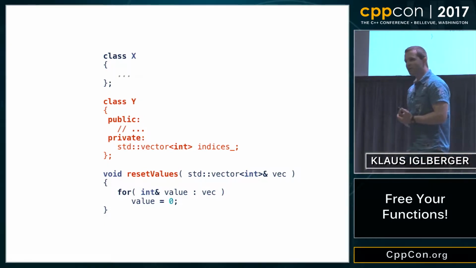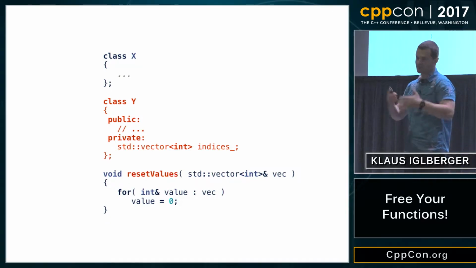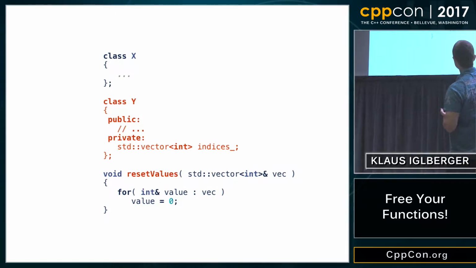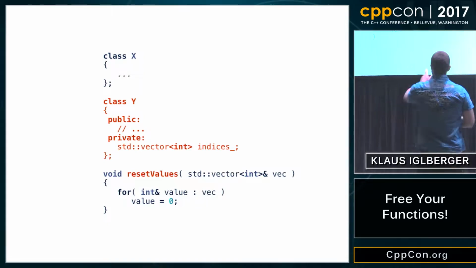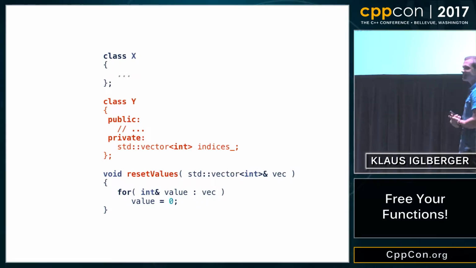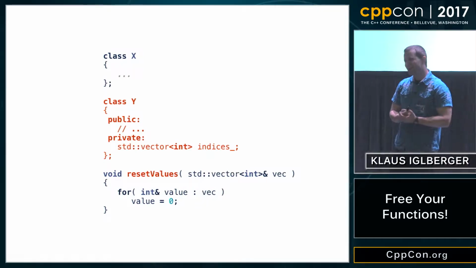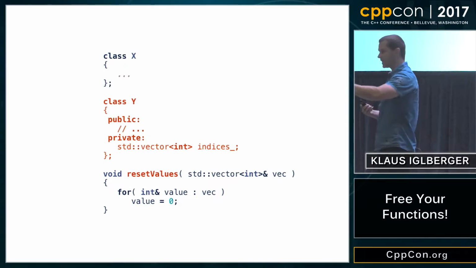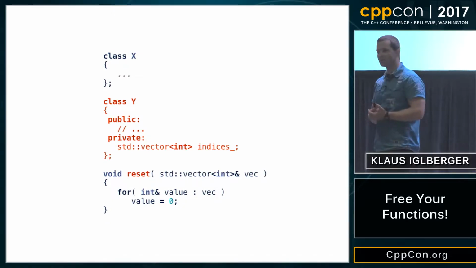Isn't it beautiful that I don't have to code this again, perhaps as another private member function of Y, but that I can just use whatever service this reset values function offers me? Okay, agreed. I have a vector of indices, the function is called reset values, not particularly beautiful. We can improve on that. We can simply rename the function. It's a reset function.